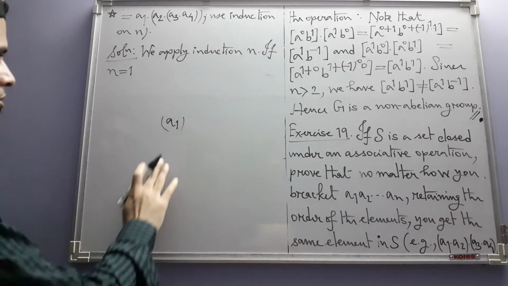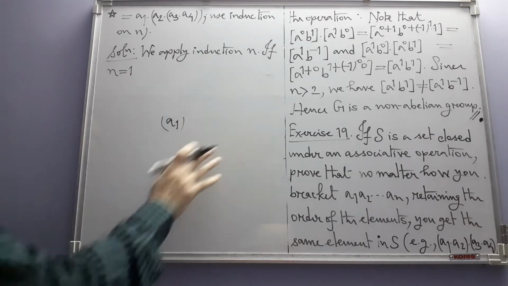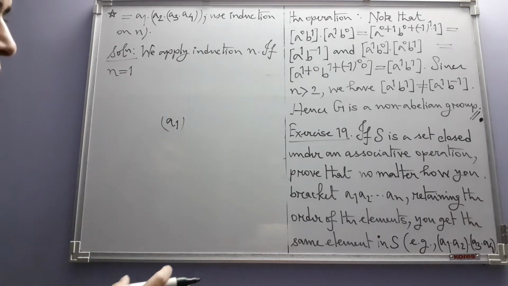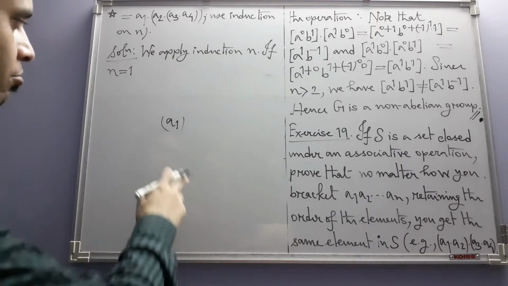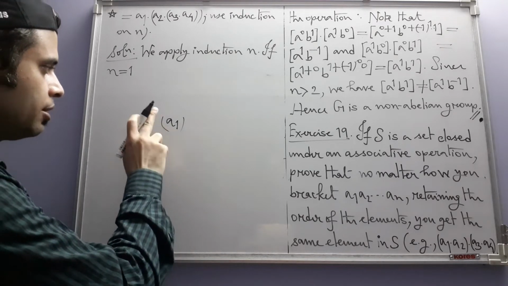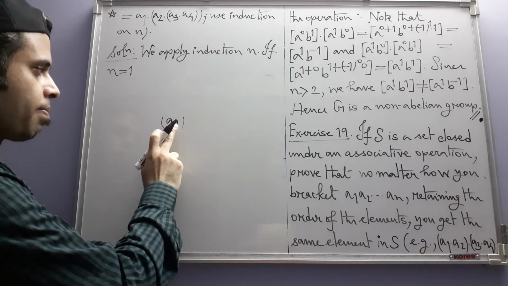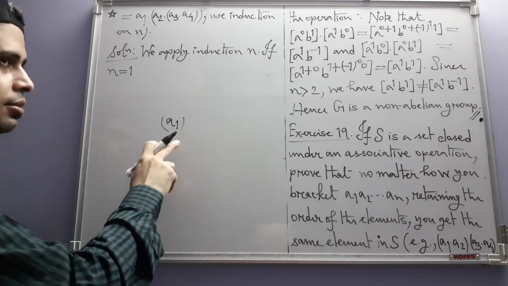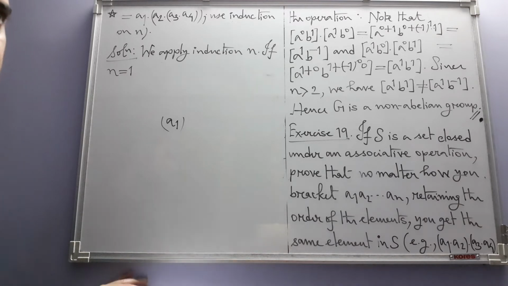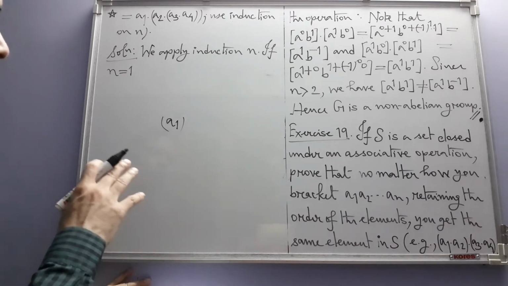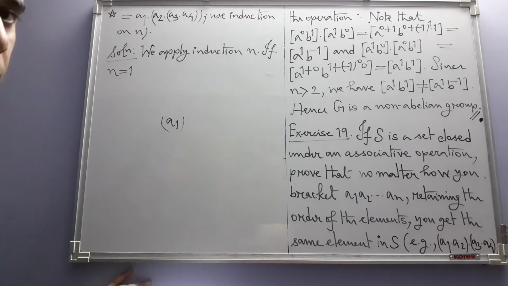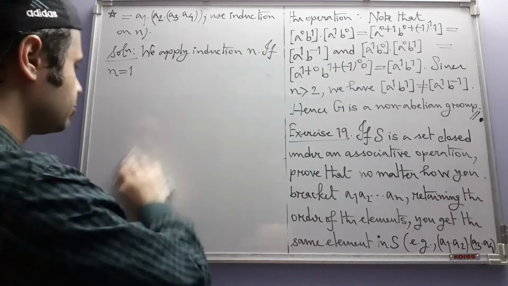So here the result is trivially true. In fact, you cannot even say anything because there is only one element which you can bracket, or you may wish to not use any brackets. After all, you are getting A1, whatever you do. So the result is trivially true in this case.